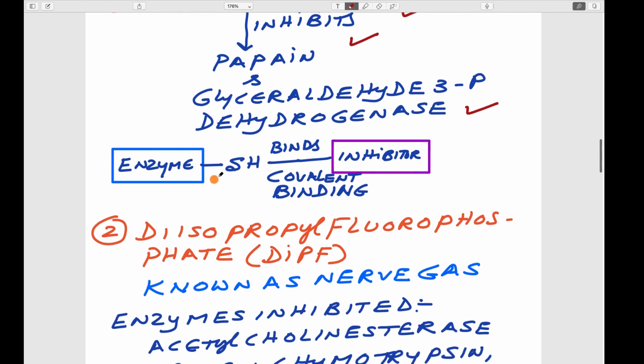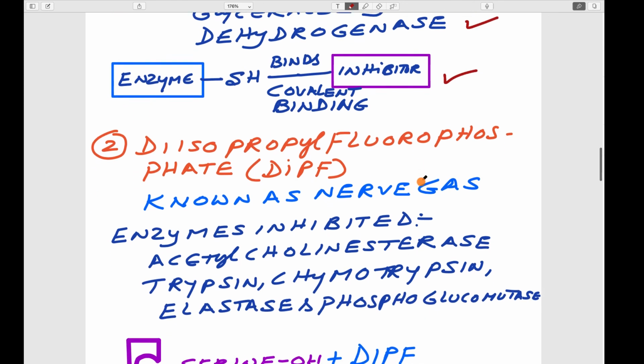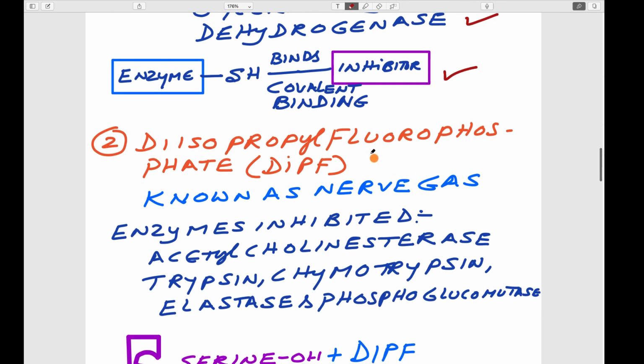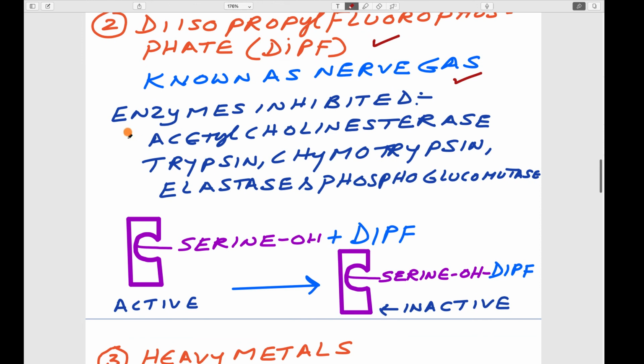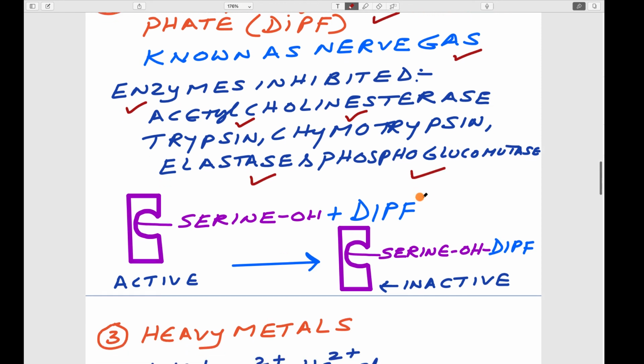Here the enzyme has an SH group, which binds covalently with the inhibitor.